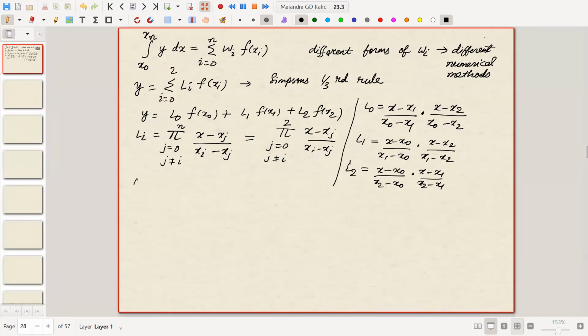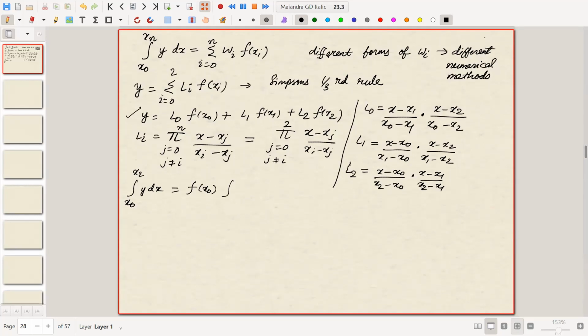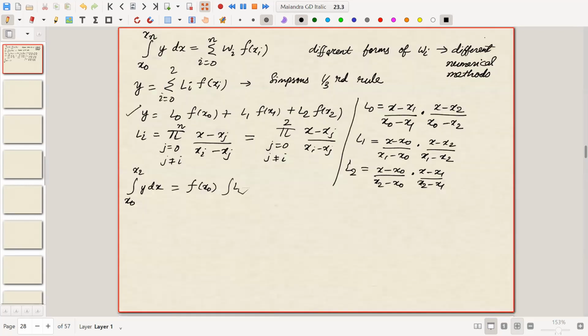So what you can do, integration of y dx from x0 to x2 is just equal to, take this equation in mind, take integration on both sides, left side and right hand side. Then what you will get? f of x0 is a constant, so it will just be L0 dx.